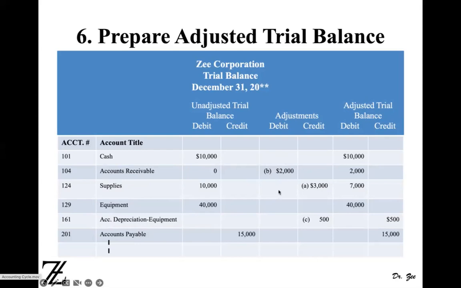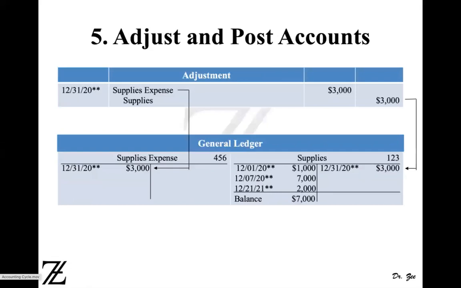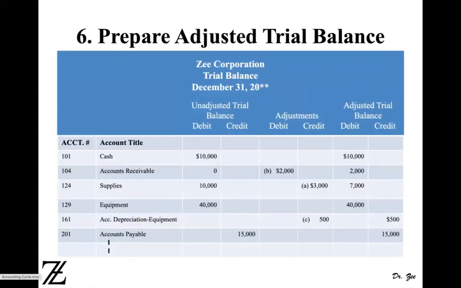Supplies have decreased by $3,000, and that can be shown from the previous entries right here and in number 5 here, that we have used $3,000 worth of supplies. And then for equipment, you have depreciation of $500 for the month. That reduces the value of the equipment by $500.